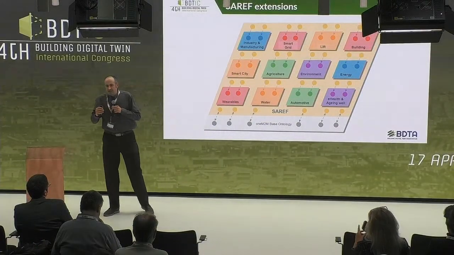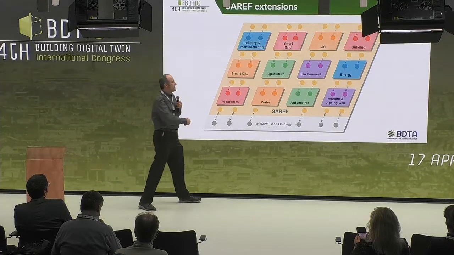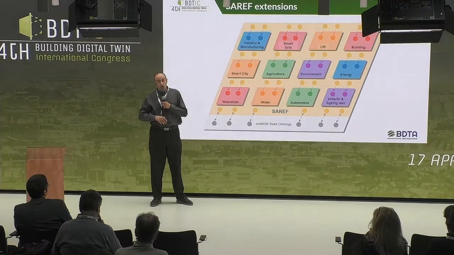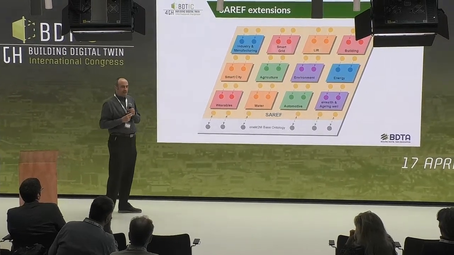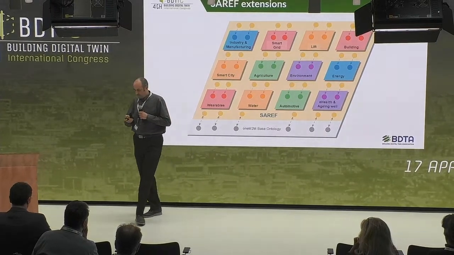The idea of Saref is to have this umbrella that allows me to interoperate in these highly cross-sectorial environments in which we need to interchange IoT data. And here we have in digital twins the perfect example for this.